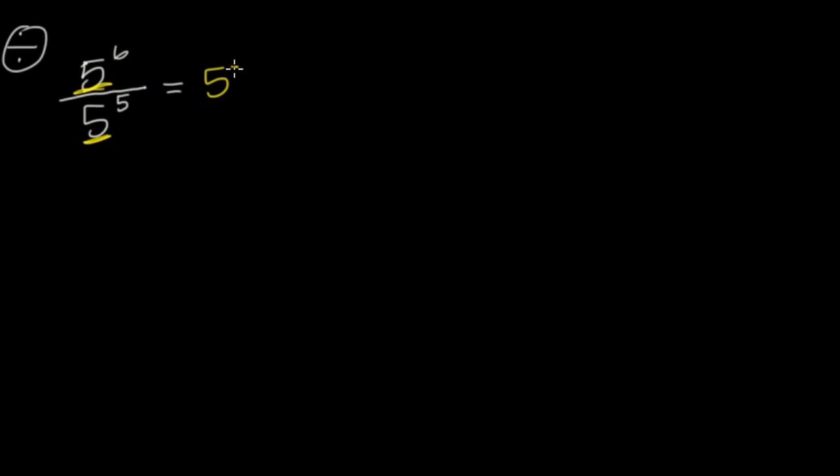Then for the exponent, I do 6 minus 5, which is equal to 1, and I get 1 as the exponent. Now, as you may have already known, 5 to the power of 1 is equal to 5, because we're multiplying 5 by itself one time, so we just leave it as 5, meaning that the end result here is 5.